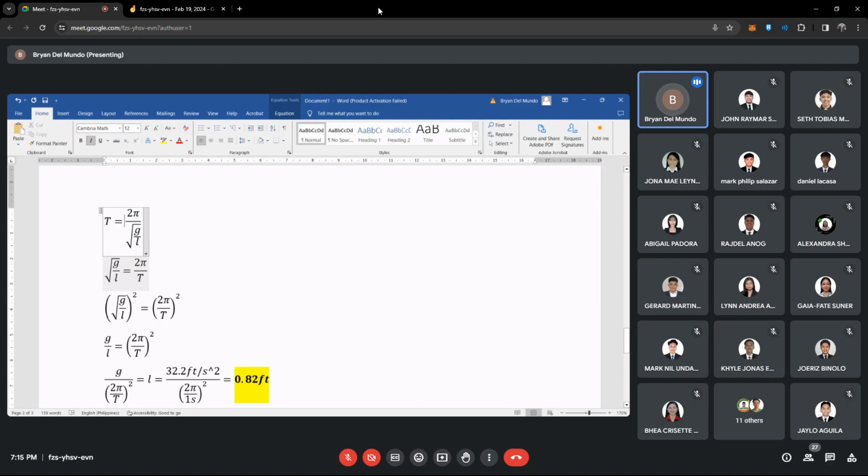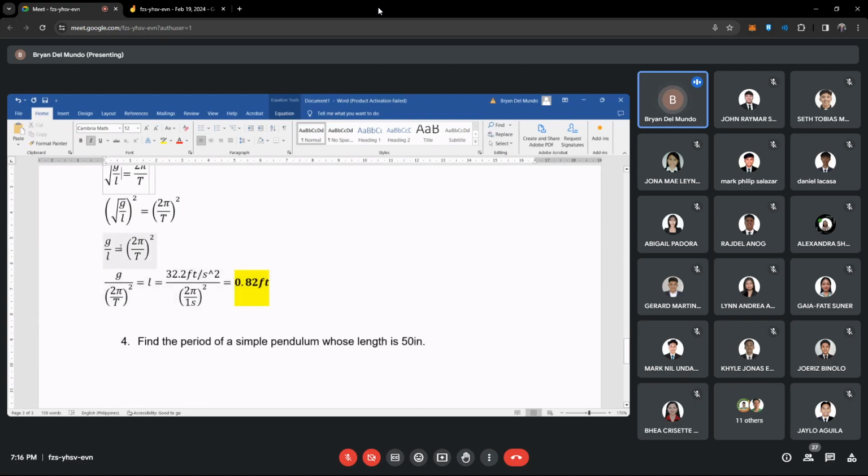And then ang ginawa lang natin is nag-cross multiply tayo so that yung T is mapupunta sa ilalim ng 2 pi. And then we can equate 2 pi over T dun kay square root of g over L. Then to cancel the radical sign, we need to square both sides. So we have here g over L is equivalent to (2 pi over T) squared.